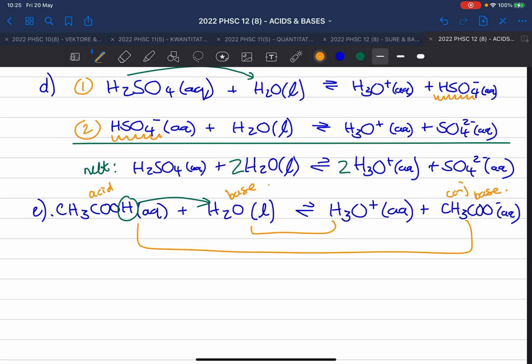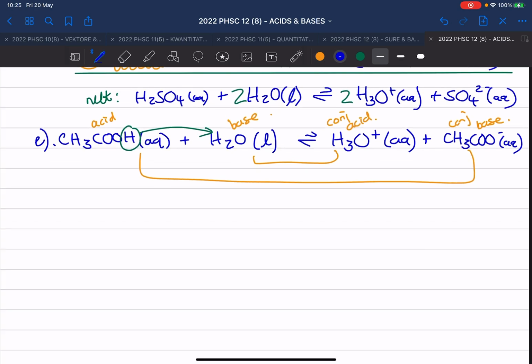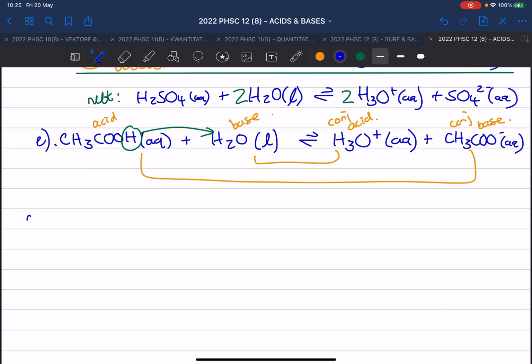Give me the name of the conjugate base. Conjugate base. Yes. Which is that one? Chichi said it's vinegar, or acetic acid. It's something ion.